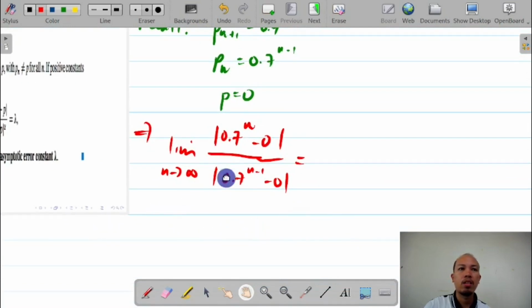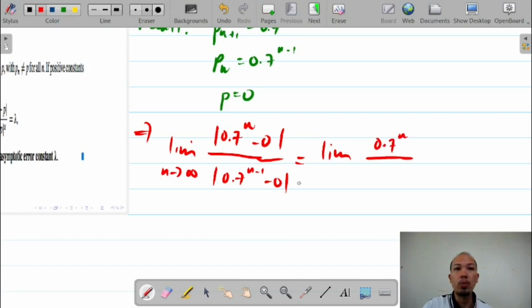Okay, so use this definition here. Okay, we have the limit of, we can delete the absolute value sign.